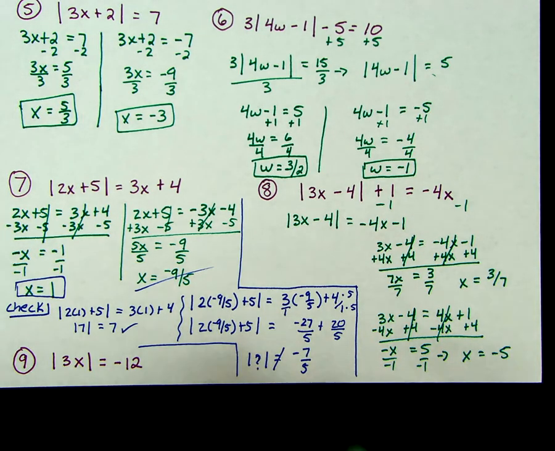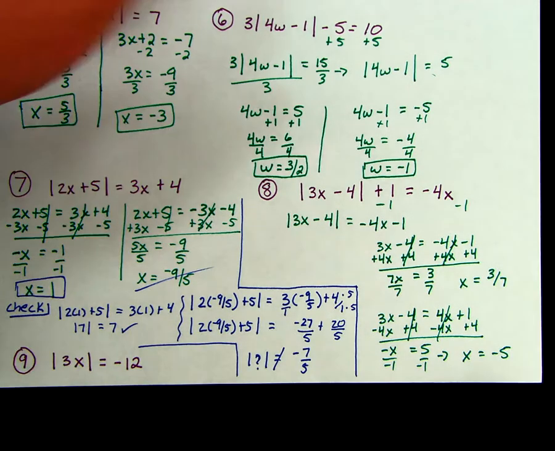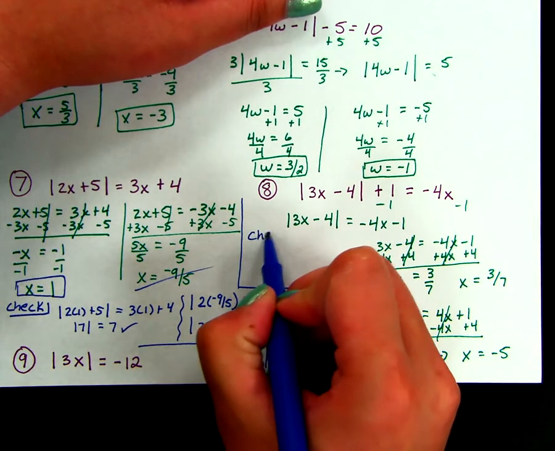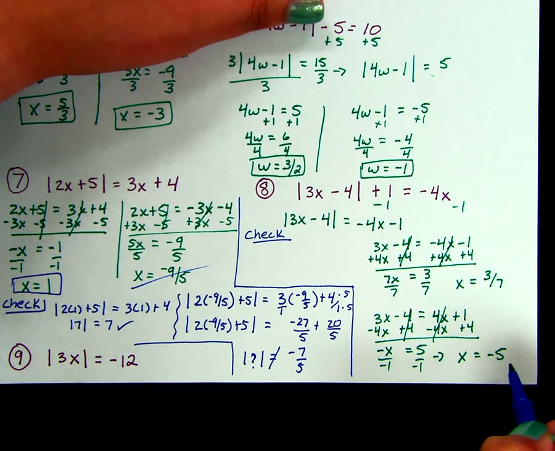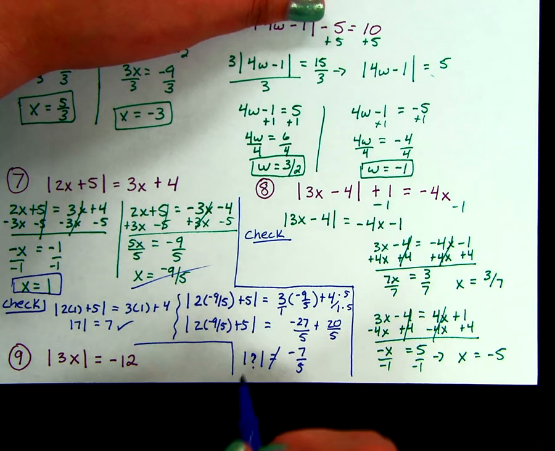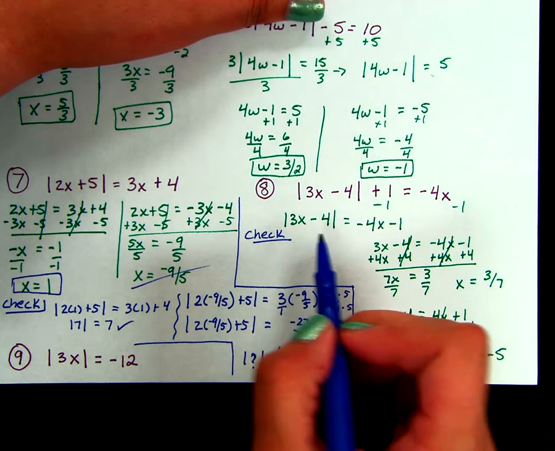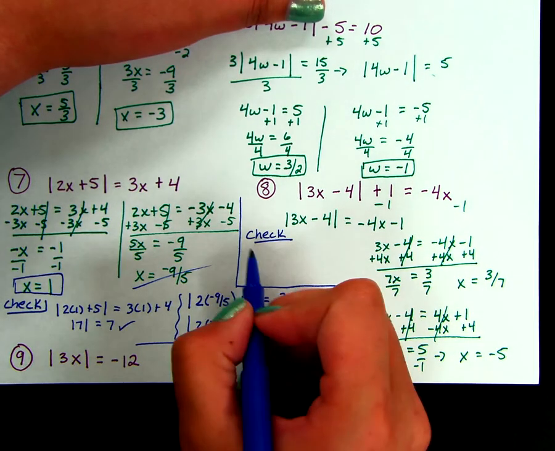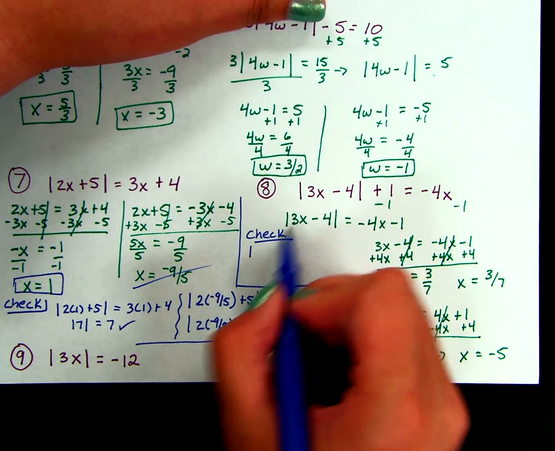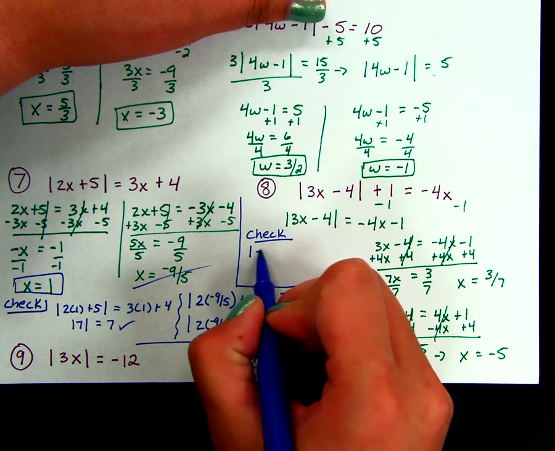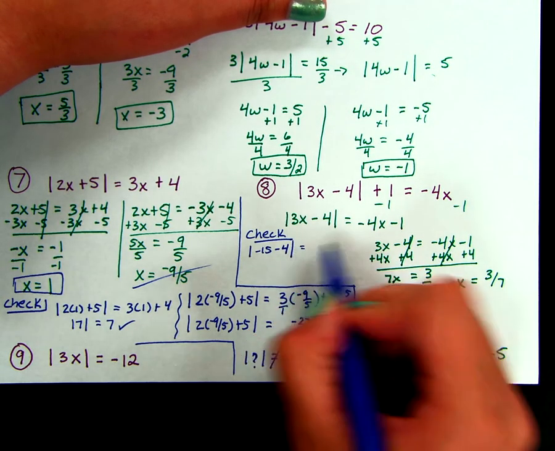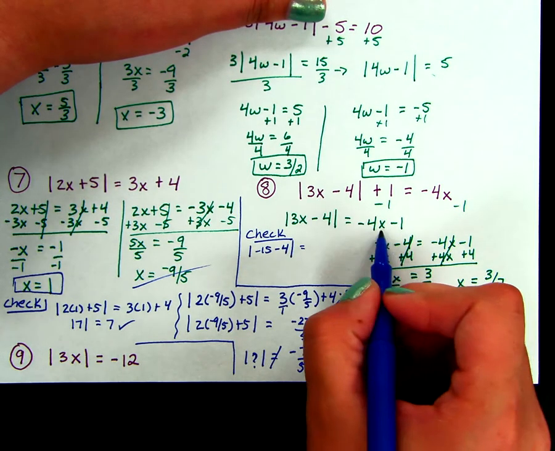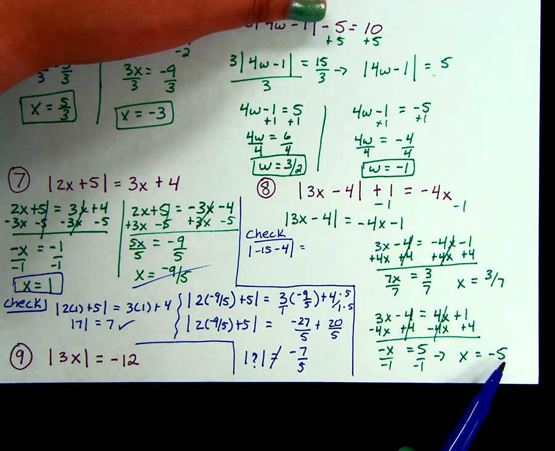So since we have a variable on the right side, outside of our absolute value, we have to check to make sure that they both work. So I'm going to start with the easier one here. So again, we're going to substitute it in. I'm going to do a little bit of mental math here. So we're replacing that x with negative 5. So that means that we have negative 15 here minus 4 equals, and again, if we substitute here, that's going to give us a positive because we're taking a negative times a negative.